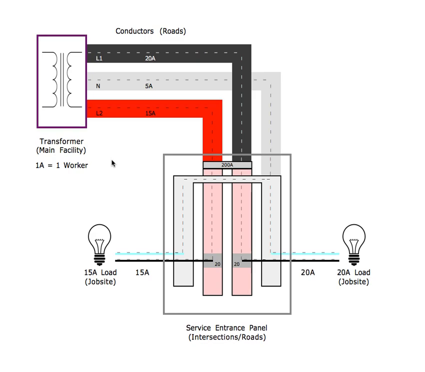So now we have a situation where the men are told, you have a job to go to, and we need 20 of you. So 20 men are sent out from the main facility. They go down here like this, and they turn, and 20 men go to the job site, and they do the job.